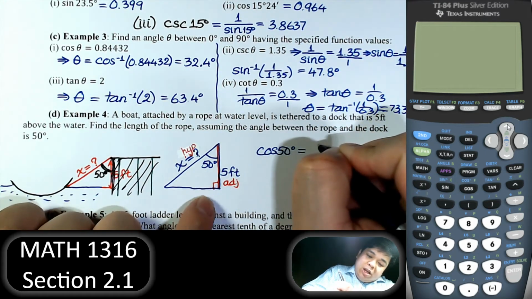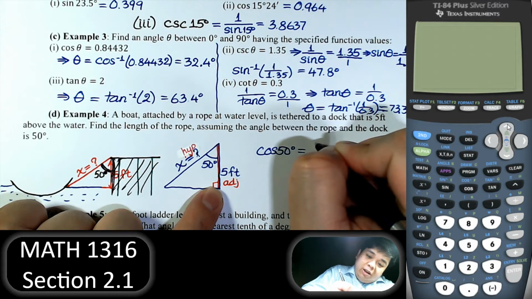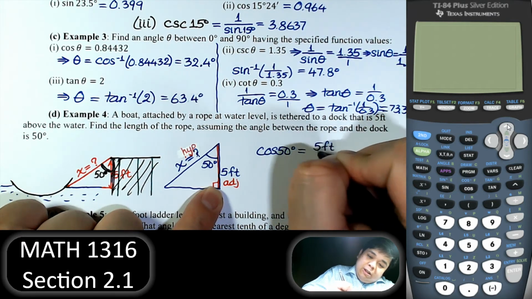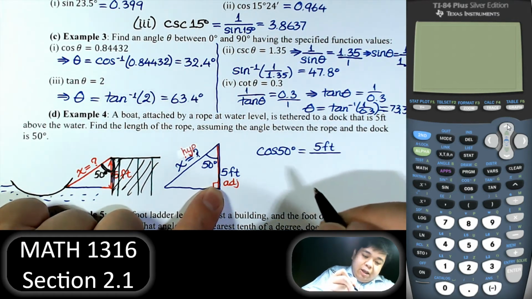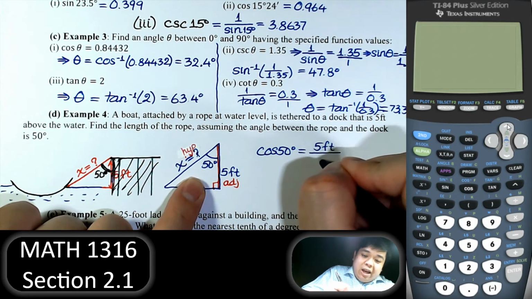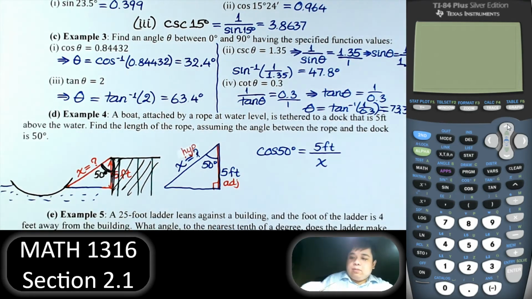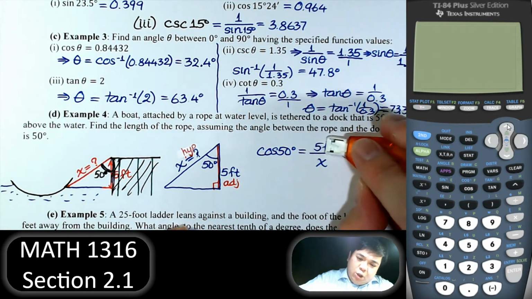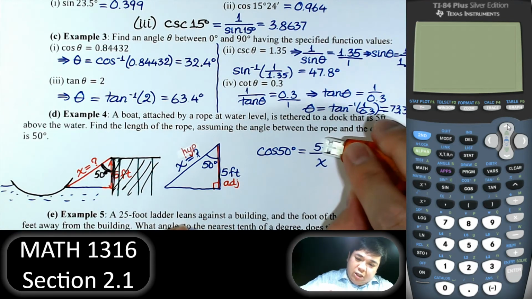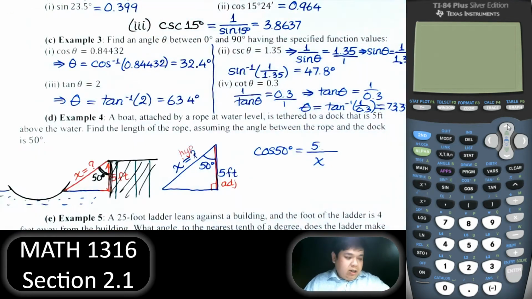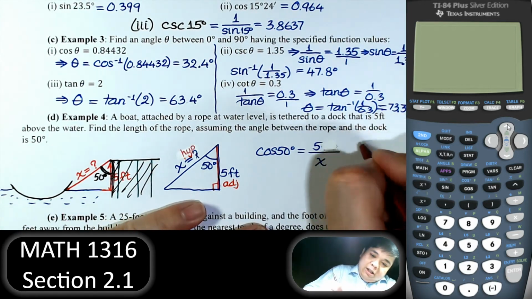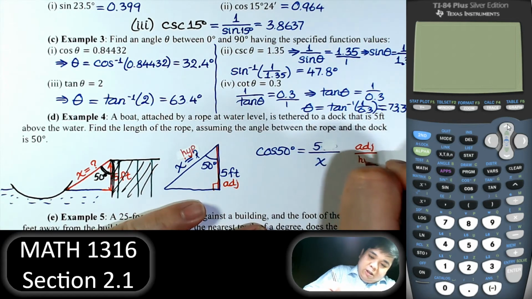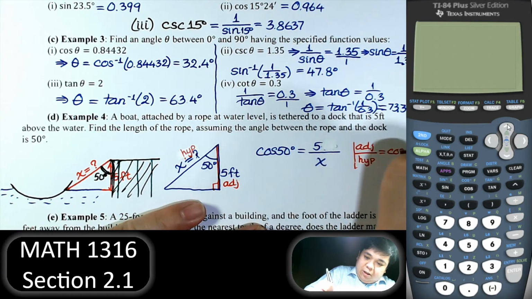We have adjacent, which is 5, and hypotenuse, which is x. Yeah. If you don't want to, we don't need to write it. And cosine is adjacent over hypotenuse. Yeah.